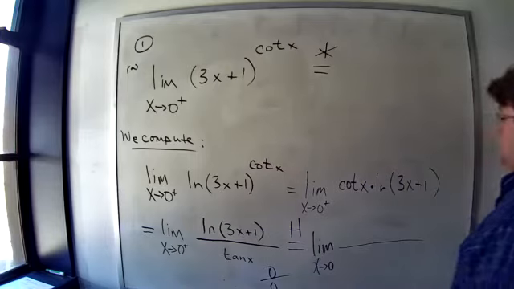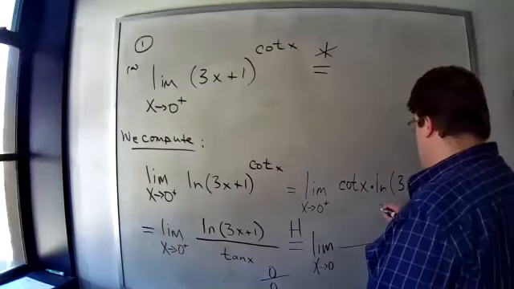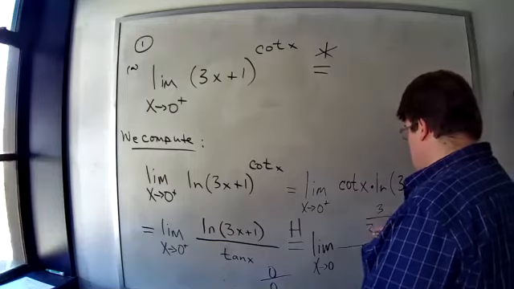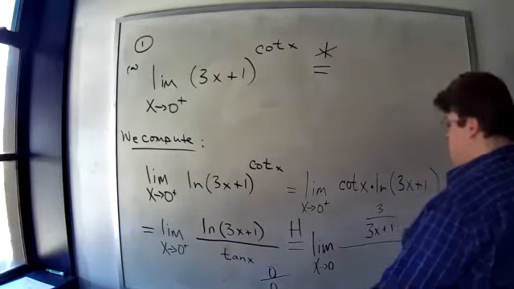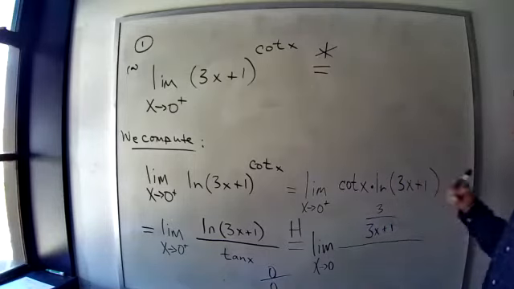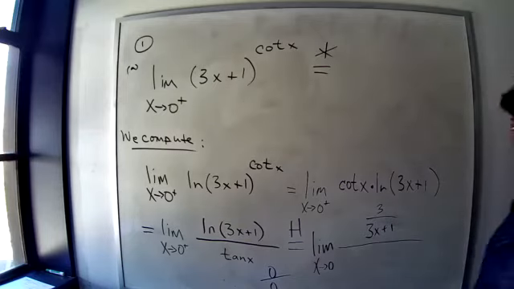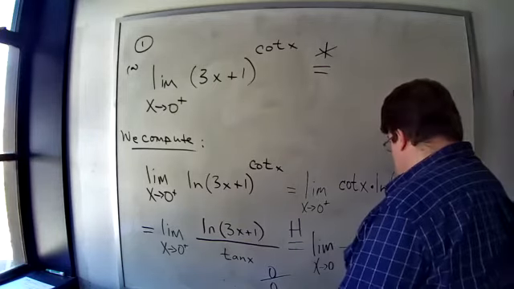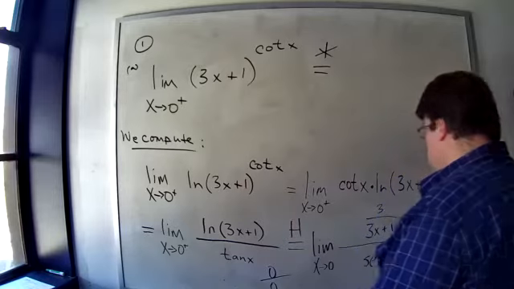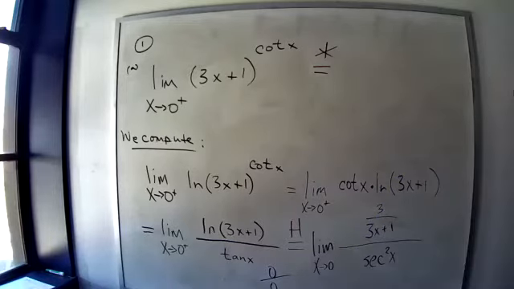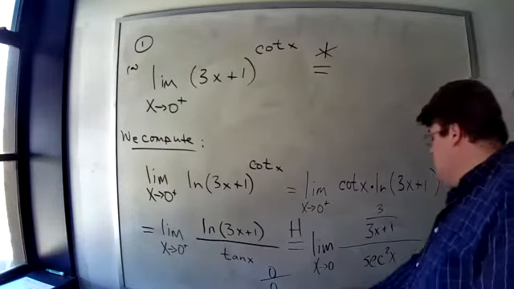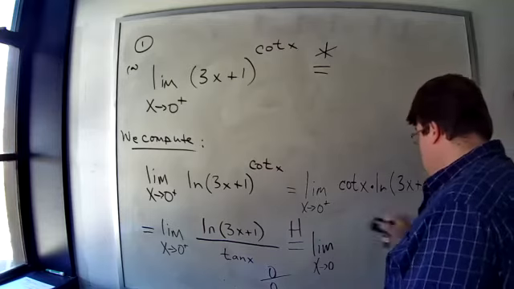Derivative of the top: the derivative of a logarithm is 1 over 3x plus 1 times the derivative of 3x plus 1, so 3 over 3x plus 1. Derivative of tangent is secant squared of x. So we have this fraction now.